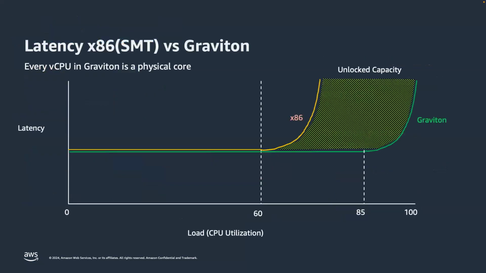So what typically happens is that when you run a load test on an EC2, imagine I'm running a load test on an EC2. There is a CPU utilization, and there's also the application latency. For a start, you will see that x86 and Graviton perform almost similarly.